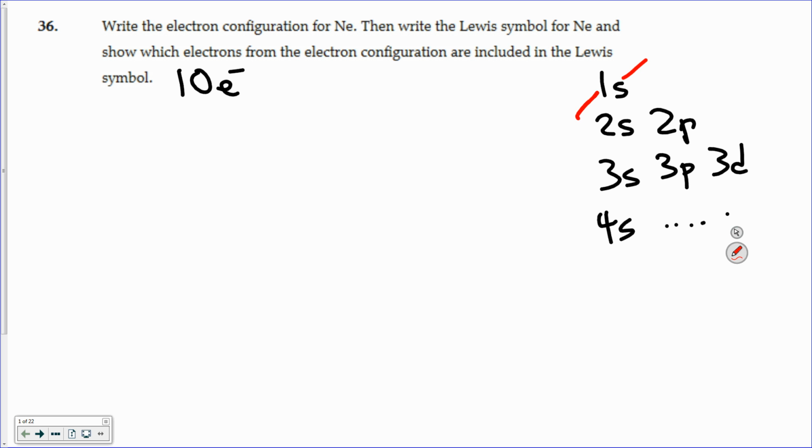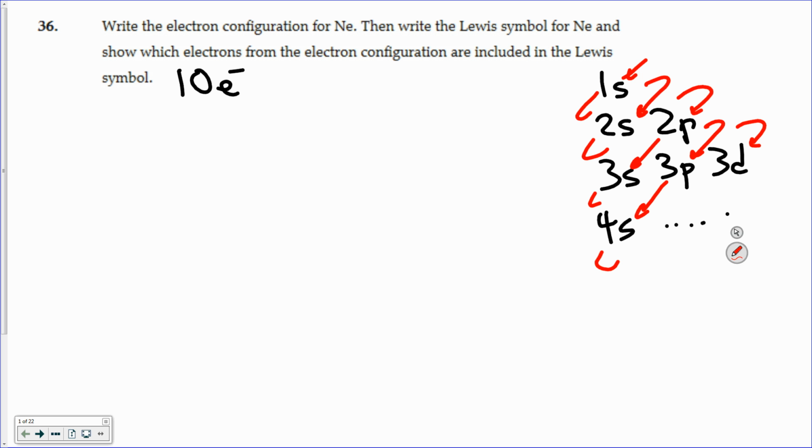Just remember the diagonal rule, the way that we fill. First one's going to 1s. Then you have the 2s. Then the 2p, the 3s, the 3p, the 4s, and then we come back up, 3d, etc. So I'm just going to start putting my electrons in.